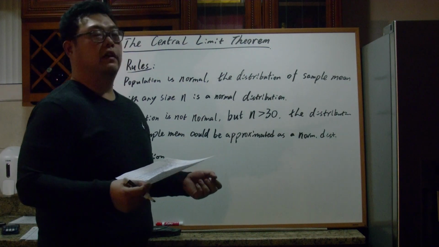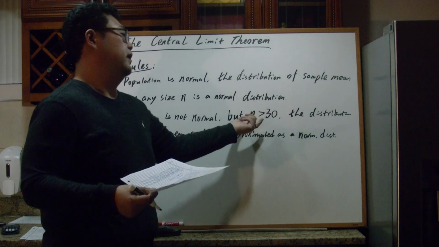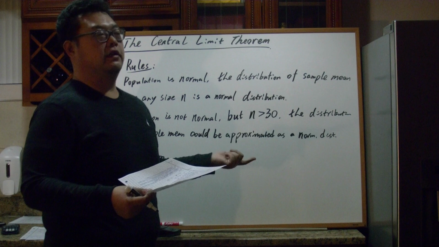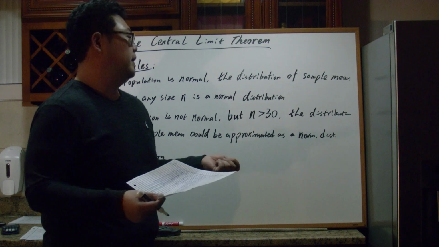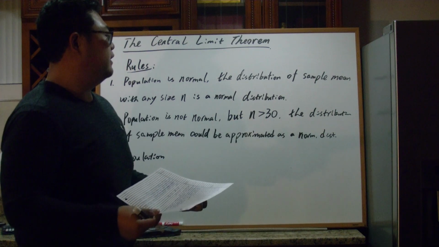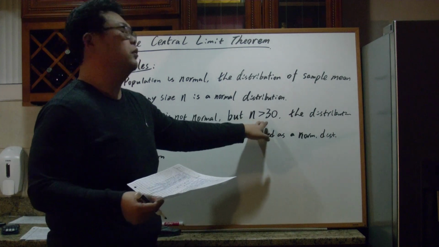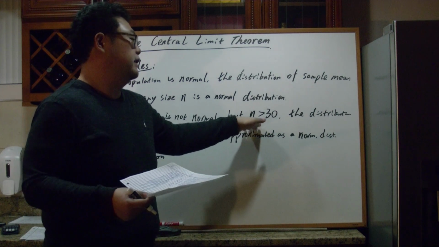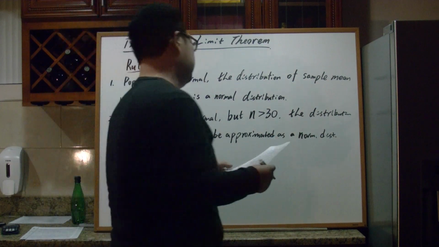The book we use from our school says n bigger than 30. Some other school may say 30 is too small, maybe 25 is good, maybe 40 will be a good number to state it's large enough. Everything is acceptable depending on the case. What we are using here says n bigger than 30, then it could be approximated.